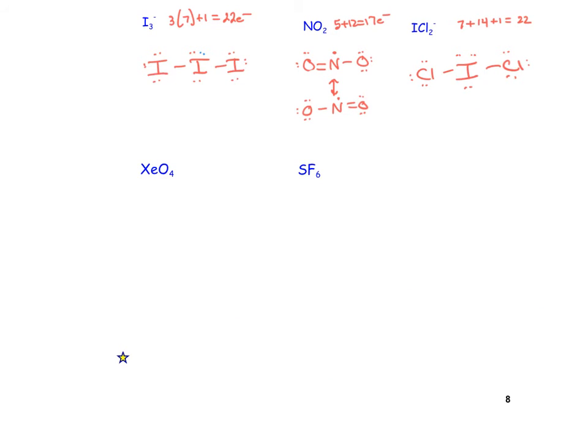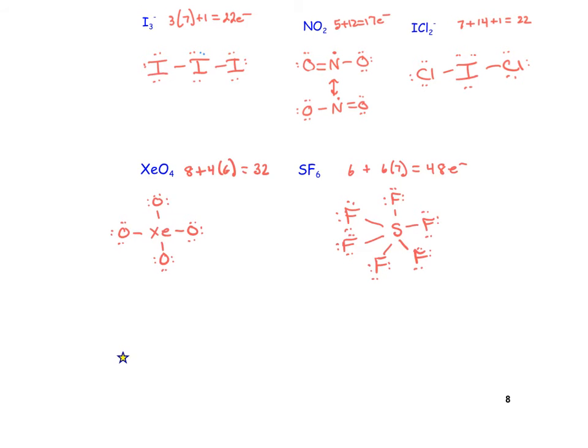So pause the video one more time and try these two molecules. Start again when you're ready. So let's take a look at the answers. I'm going to do SF6 first because it's actually easier.